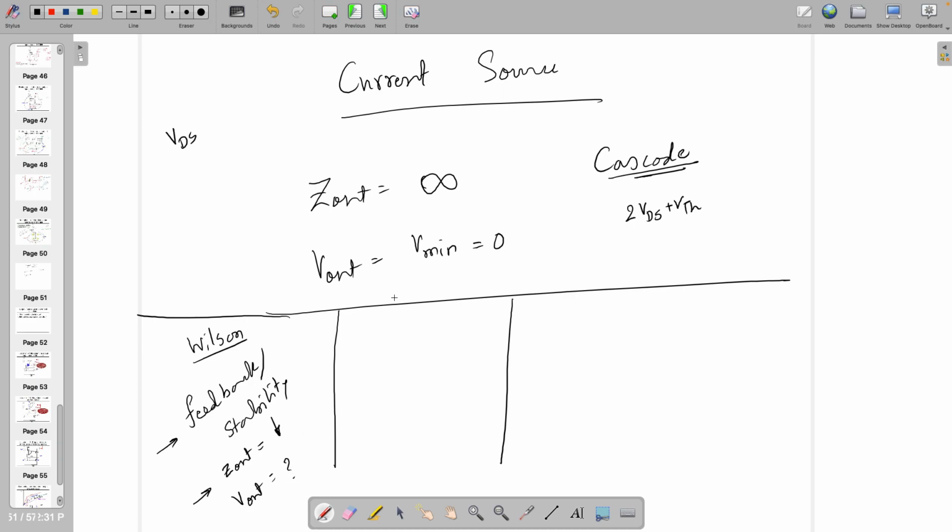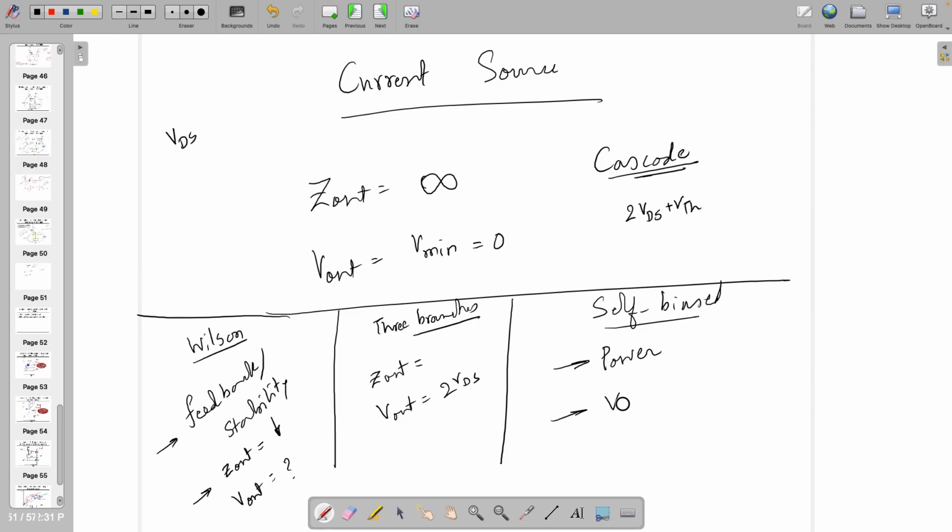In the other one, where we had three branches, we achieved good Z out and tried to reduce V out by 2 VDS. The other one we call the self-biased circuit, where we do not have three branches, so we are reducing power, with V out equal to 2 VDS, and all of them have good Z out, meaning gm ro squared.